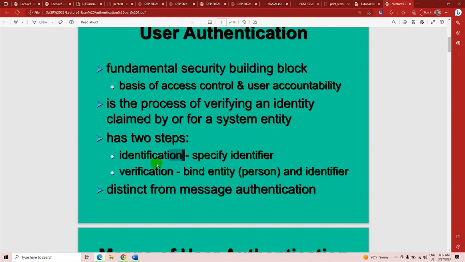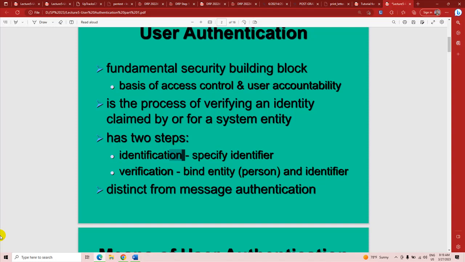One is identification, our ID, and the second one is verifying the ID. So what is the identification? Our username, password, biometric details. These are the identification.